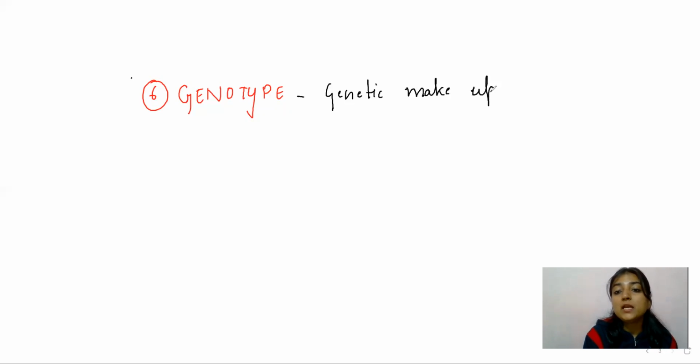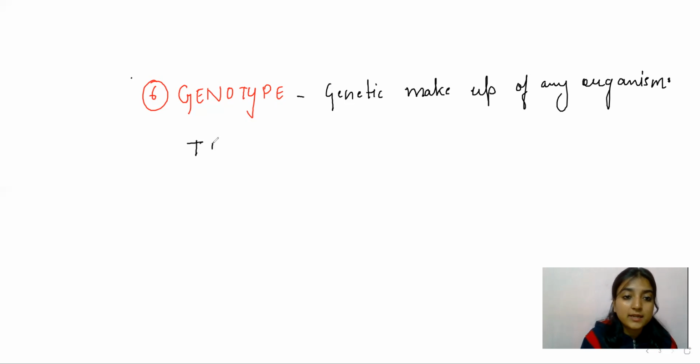Take the example of capital T, capital T. Here both alleles of the gene are dominant in nature, so this is homogeneous.